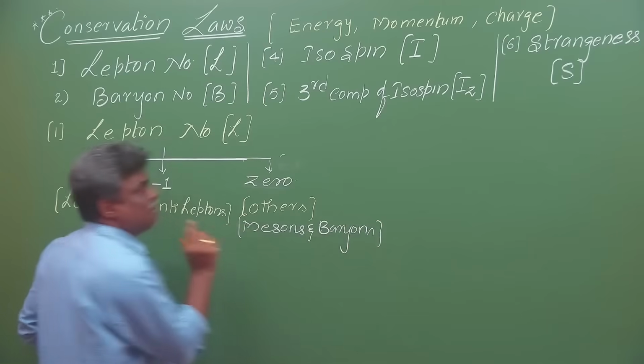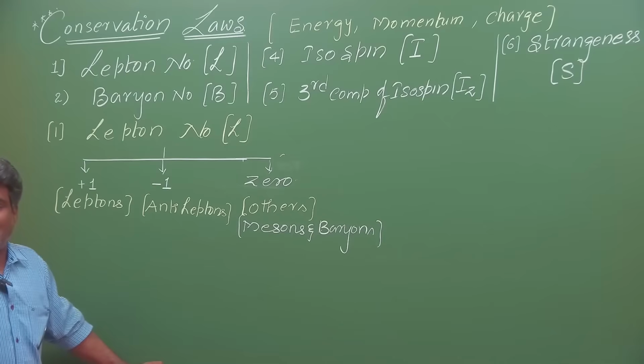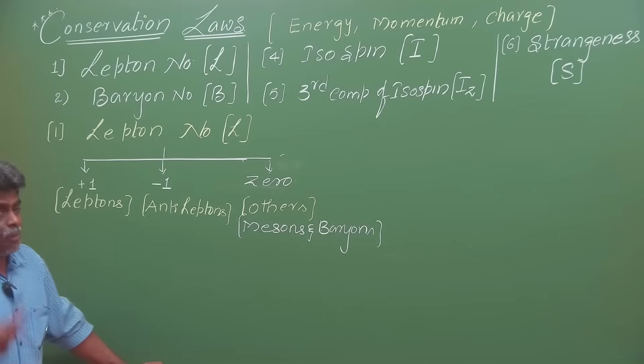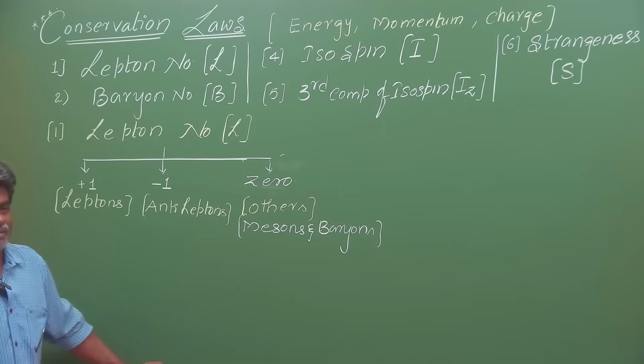So if I have a baryon, its lepton number is 0. If I have a meson, lepton number 0. Lepton number exists only for leptons and anti-leptons. What are other particles? Mesons and baryons. If I say proton, its lepton number is 0.